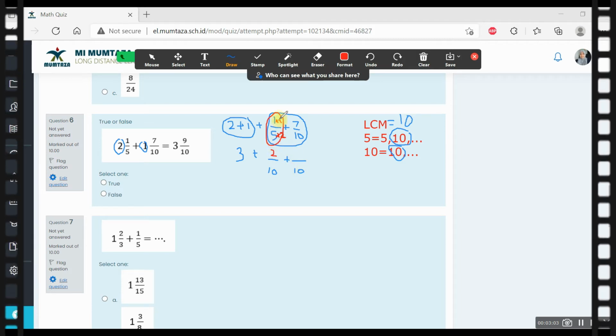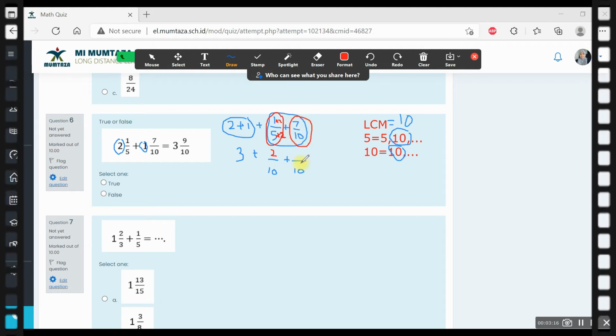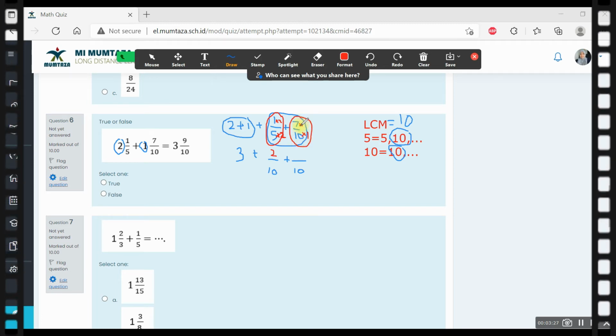Now, after we get the new fraction for the first fraction, we go to the second fraction. 7/10 becomes something over 10. Look at this: 10 times 1 becomes 10. Because the bottom is times 1, the top number is also times 1. 7 times 1 equals 7.